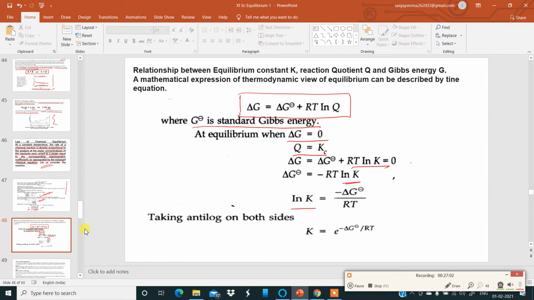This is the formula which I applied in one of the numericals which I did in my previous video. If you take the anti-log of this, K becomes e to the power of minus delta G naught by RT. So learn this page, make a note of this page. It's a relation between equilibrium constant K, reaction quotient Q, and Gibbs free energy G.